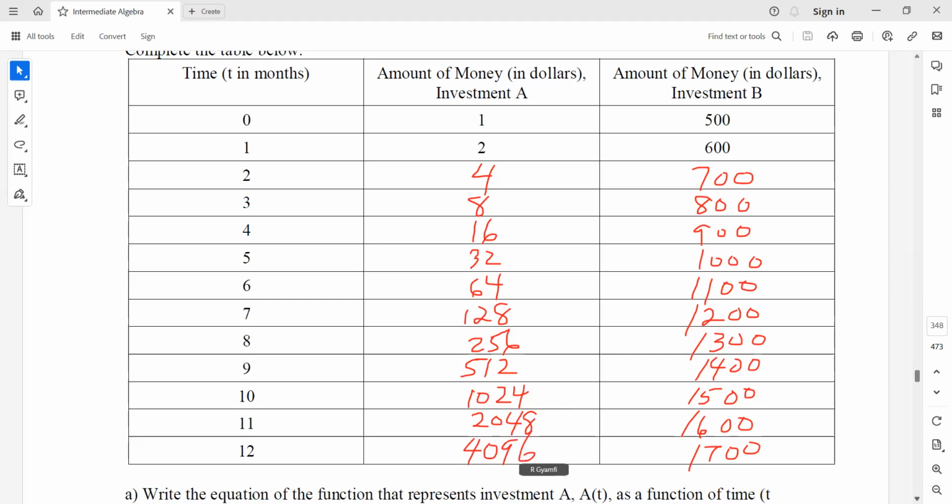Wow. So at the end of 12 months, investment A is 4,096. Investment B is 1,700. So definitely A is going to be a better option or a better choice in this situation.